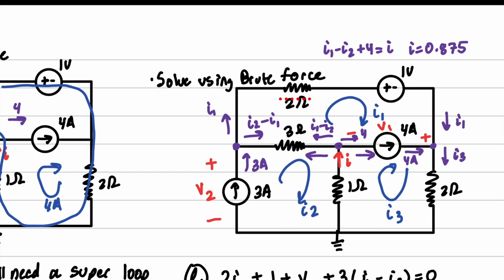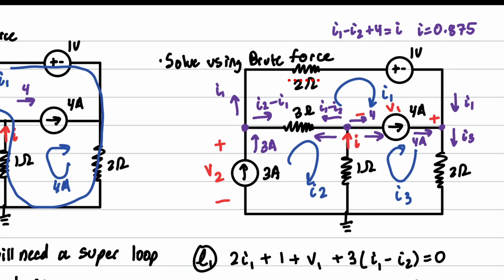The brute force method is literally just combining nodal and loop analysis in some form or fashion. So there is a brute force way for nodal analysis, and that would just be turning a voltage source into almost a current source. If in that branch you like, you could say it's I1, I2, I3, etc., and you do the opposite. So that is why you would use brute force.